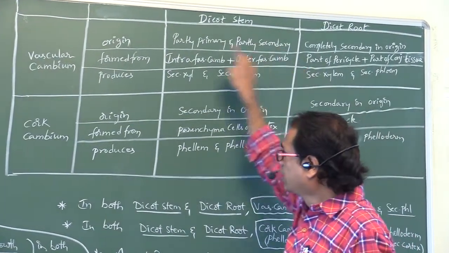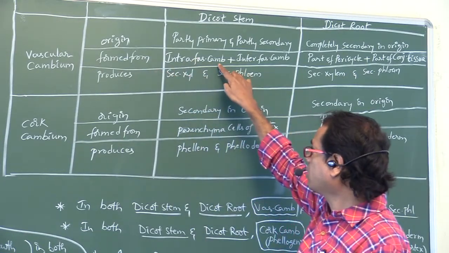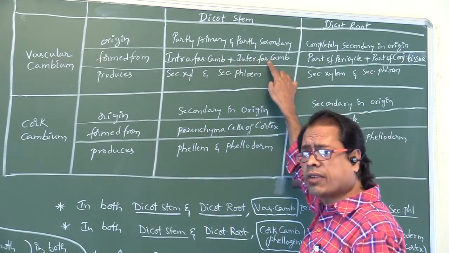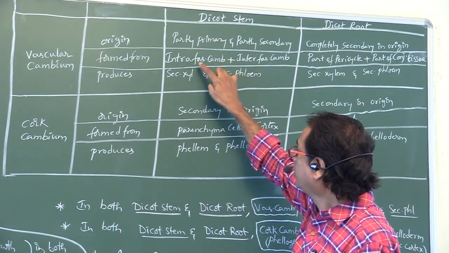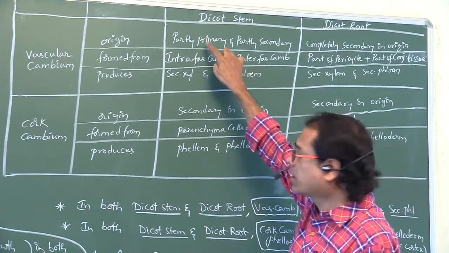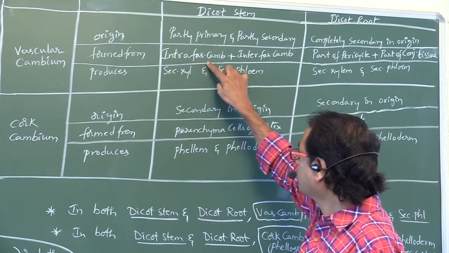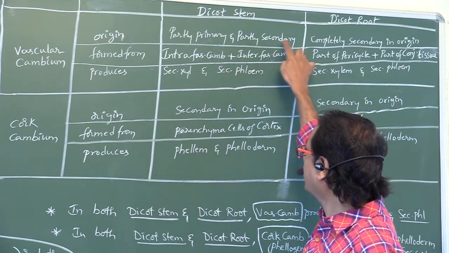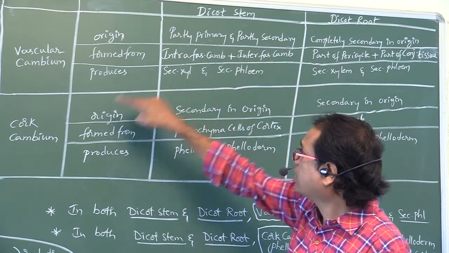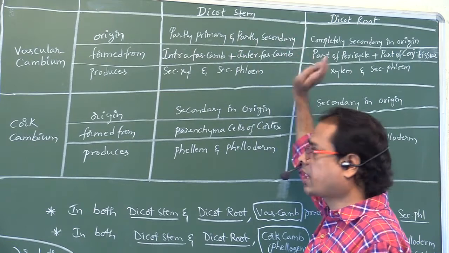Because it is formed from intravascular cambium and intervascular cambium. Intravascular cambium is primary in origin. Intervascular cambium is secondary in origin.